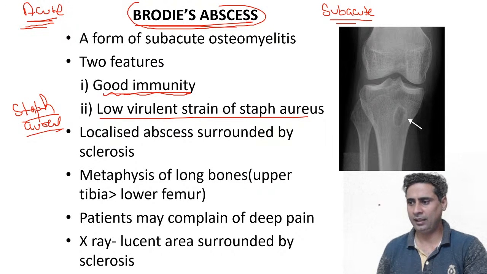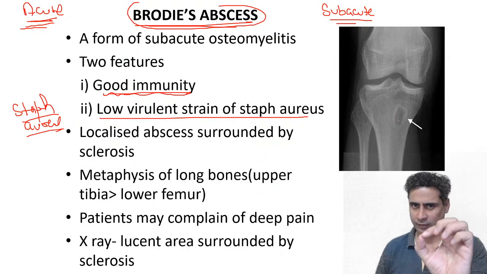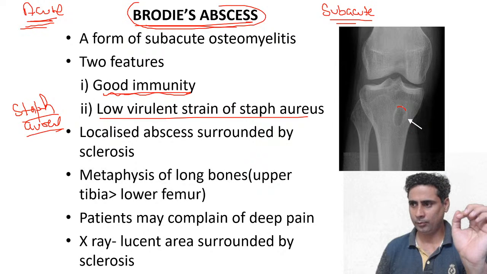So what will happen as soon as there is infection in this metaphyseal area, because of good immunity and low virulence of the infective strain, the body tries to contain that infection by forming bone around that infection. So there will be formation of pus surrounded by a zone of sclerosis, which is Brodie's abscess, a type of subacute osteomyelitis.